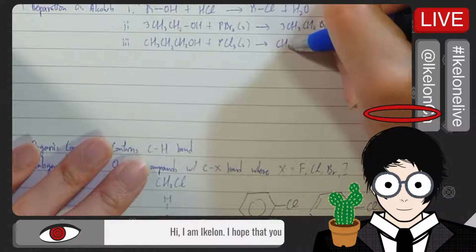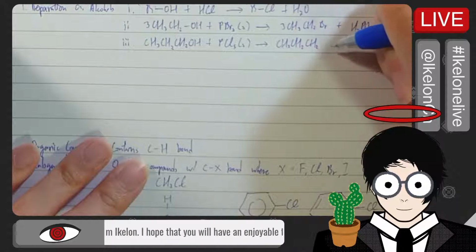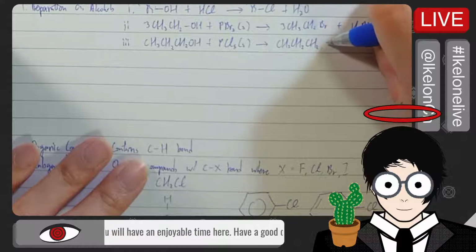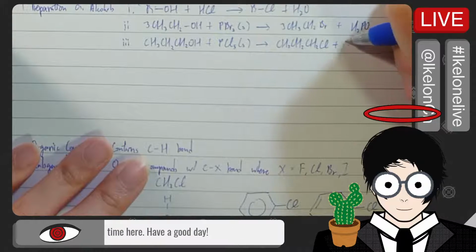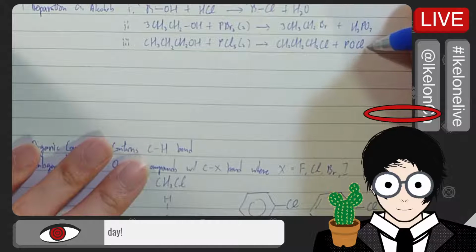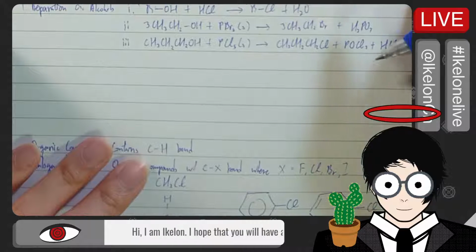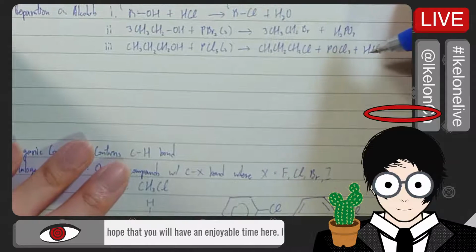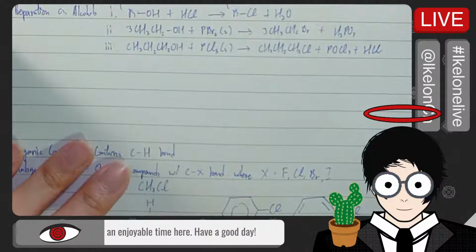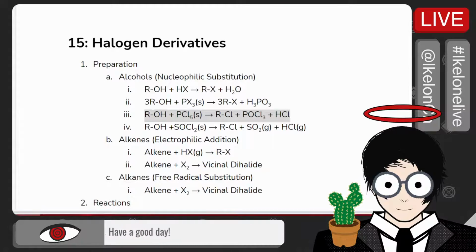We'll get CH3CH2CH2Cl plus this thing plus hydrogen chloride. So that would be how this one works. Can you guys see it? And then for the last one, it would just be this. The last one works for, although I write chlorine there, it also works for bromide, but it's less stable and less widely used. So it's mainly for chlorides, this one.